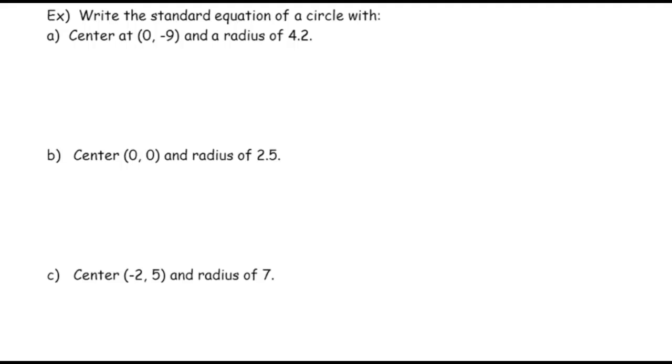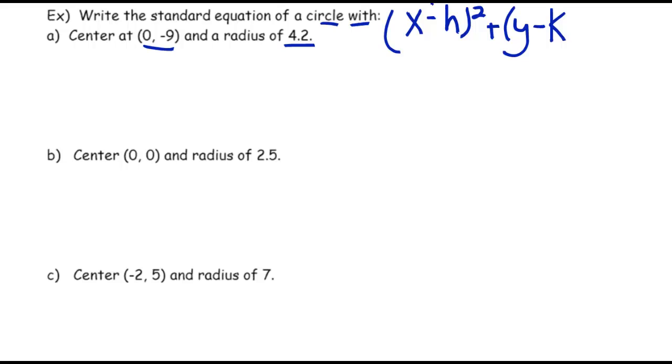Okay, let's zoom through a few examples here real quick. Write the standard equation of a circle with a center at 0, negative 9 and a radius of 4.2. So remember that we start out, let's write it on this page too. My x minus h squared plus y minus k squared equals radius squared.